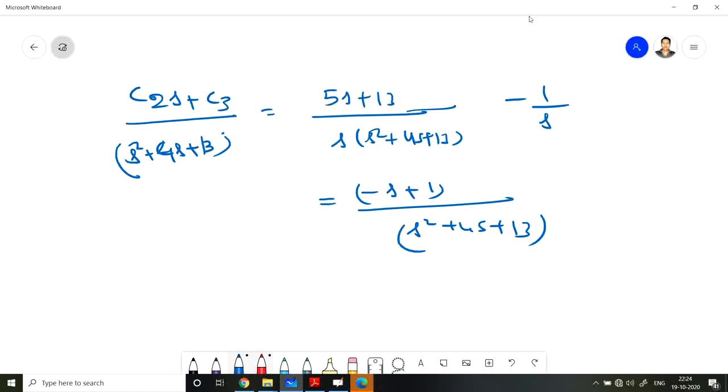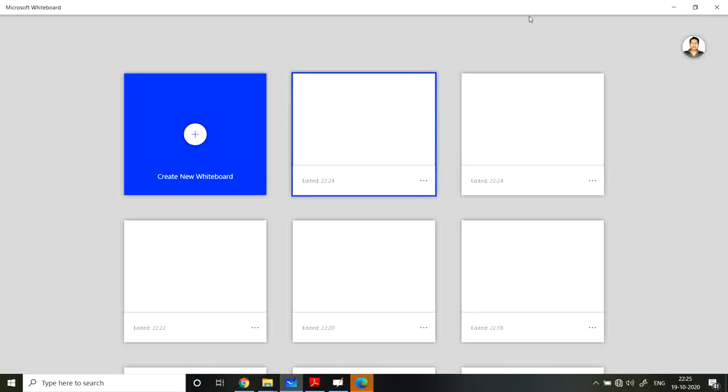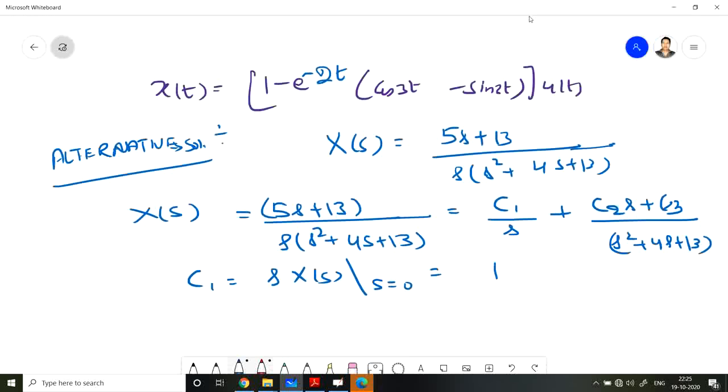So how is this expression coming? Please check this relation in the previous slide. We have (5s plus 13) divided by (s square plus 4s plus 13) is nothing but c1 divided by s plus (c2 s plus c3) divided by (s square plus 4s plus 13). So basically this term is equal to this term minus c1 divided by s. And what is c1 divided by s? It is 1 divided by s only.